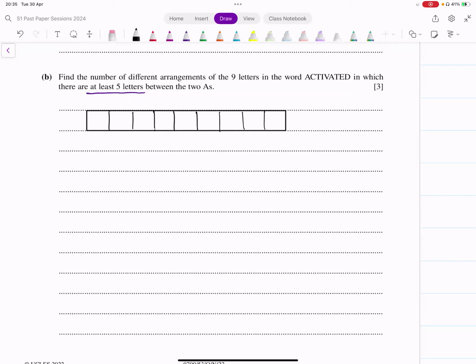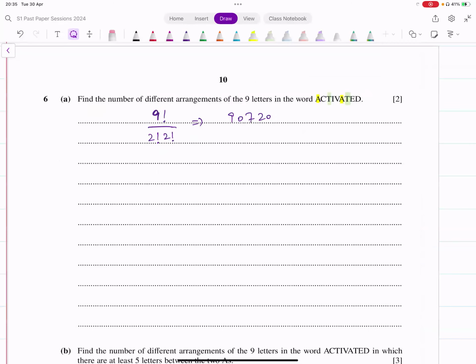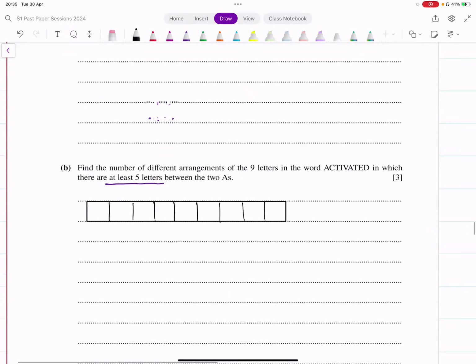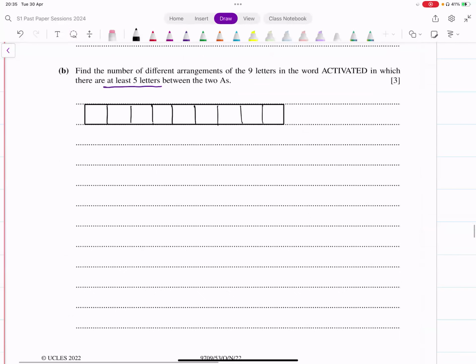Now, the A's should be placed such that there are at least 5 other letters between the 2 A's. Let's say there are exactly 5 letters between the 2 A's. How would it look in that case? Let's say one A is here. 1, 2, 3, 4, 5. Another A is here. With 5 letters in between, this is one possibility.